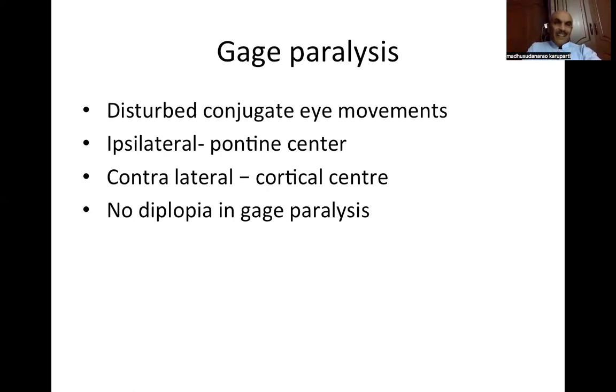Well, gaze paralysis occurs because of lesions in the centers for conjugate eyeball movements. You have the frontal eye field as the cortical center for gaze, and you have the pontine center for gaze. The cortical center for gaze paralysis is located in the frontal eye field.